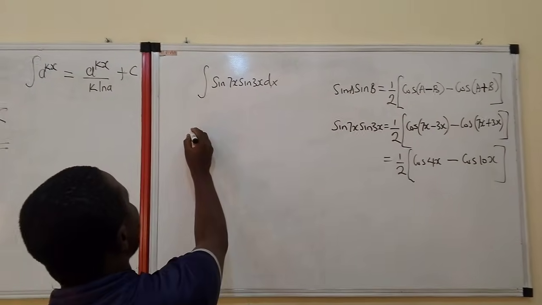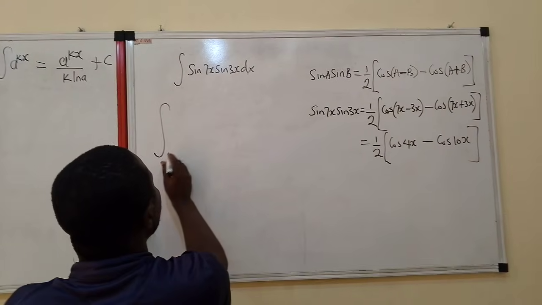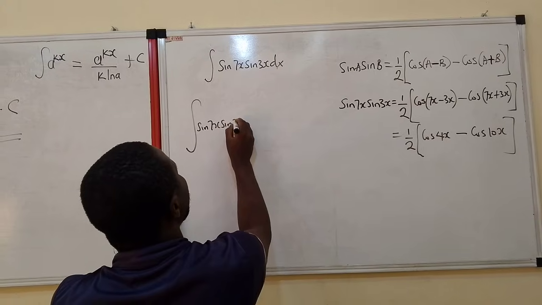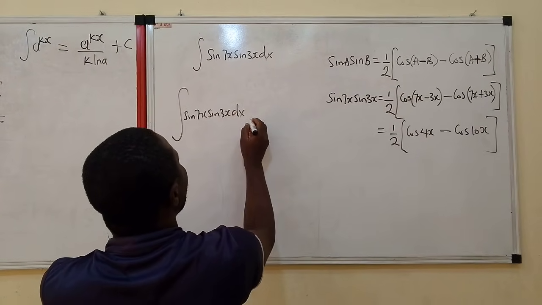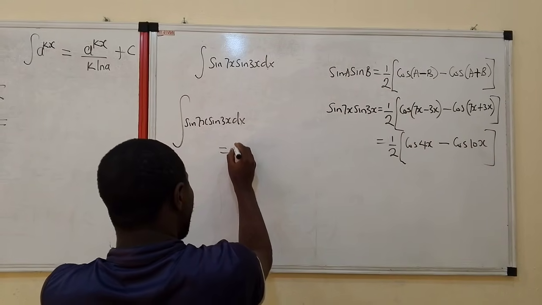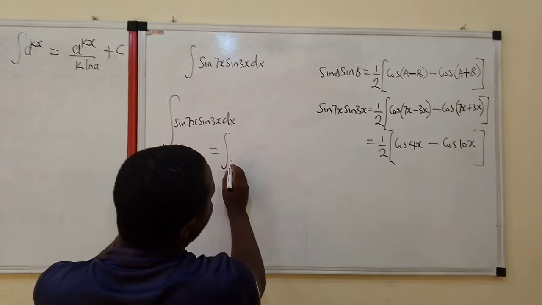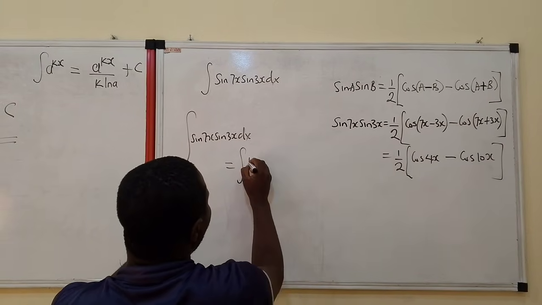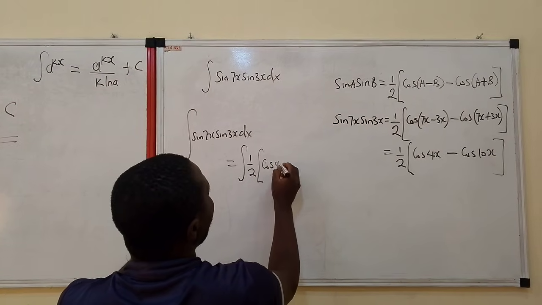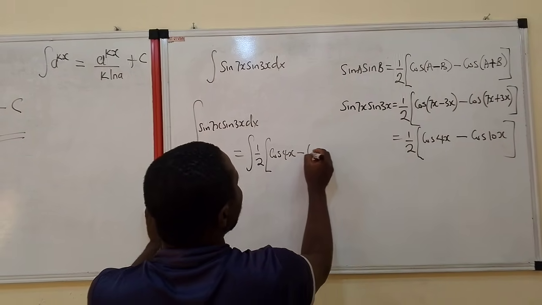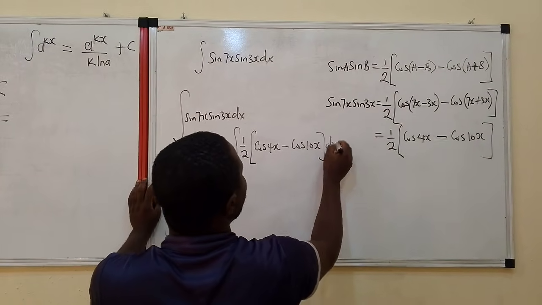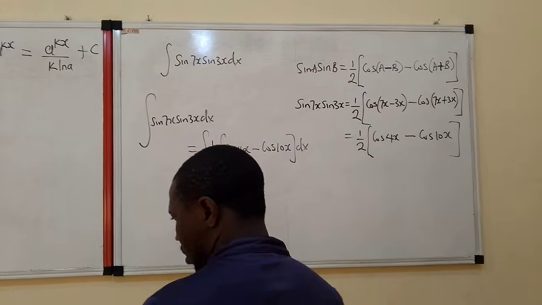It means that the integral of sine 7x sine 3x dx now will be equal to the integral of 1 over 2 cos 4x minus cos 10x dx. This is this.